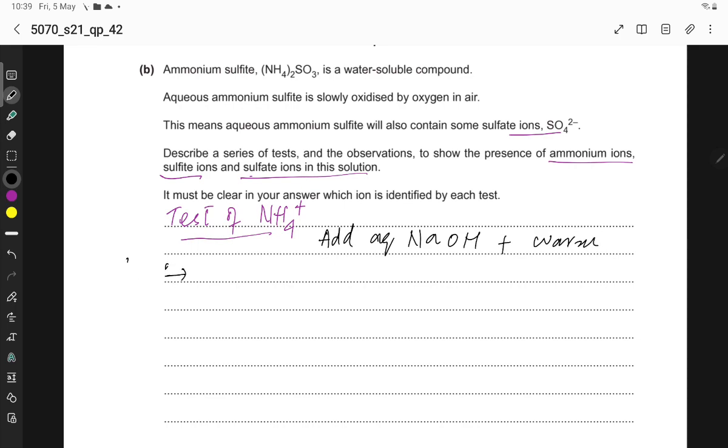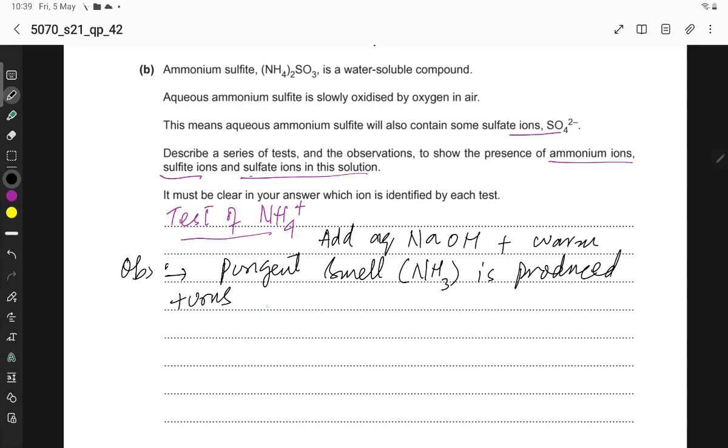Observation: pungent smell is produced, turns damp red litmus paper blue.